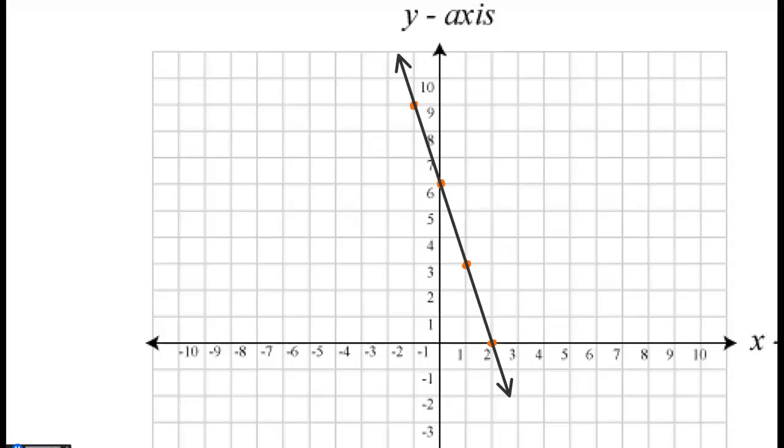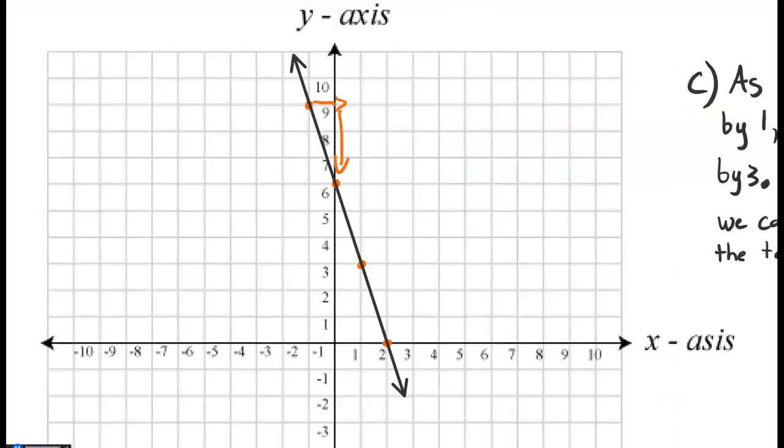And we're going to look at part C. What patterns are in the graph, and how do these patterns relate to the table of values? Well, when we increased our value of x by 1, we decreased our value of y by 3.